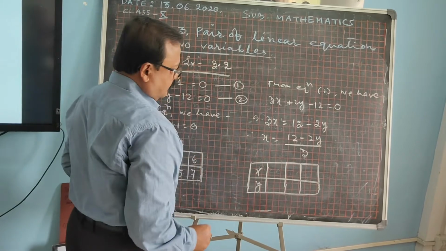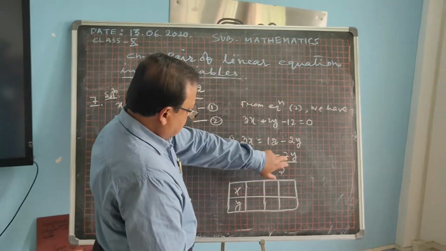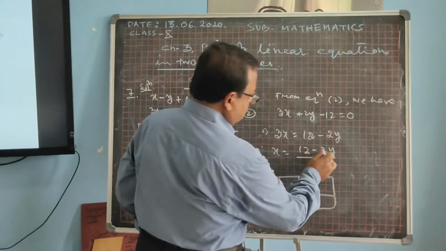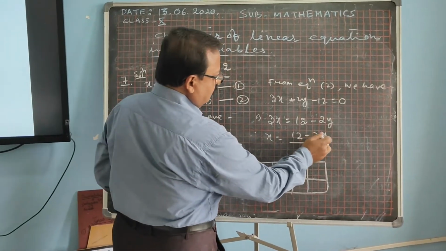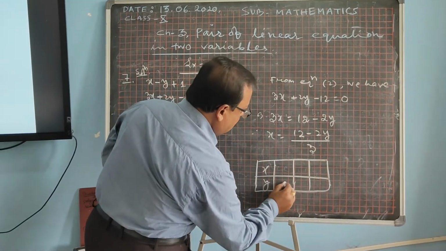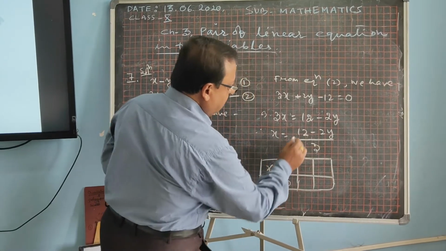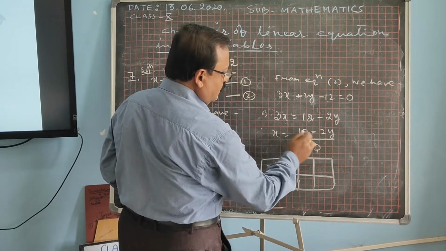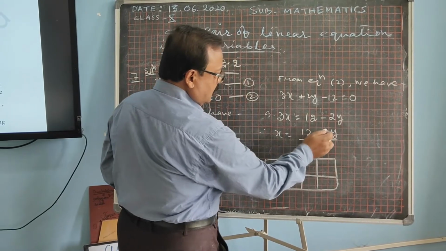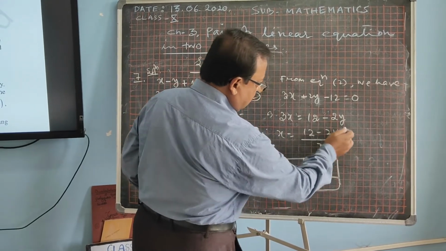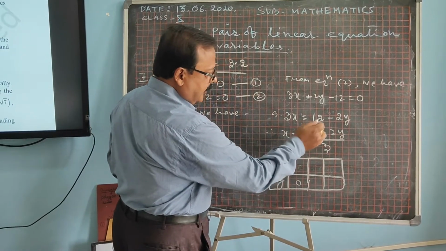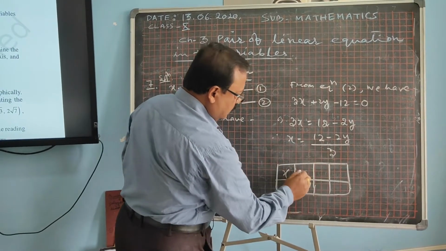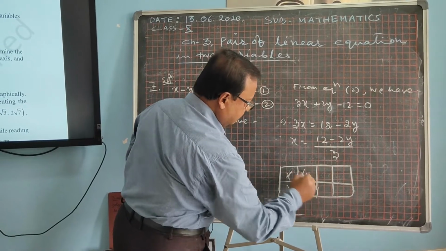First you can take any point. Suppose you take y equal to 0, then 2 into 0 is 0. Then x is how much? 12 minus 0, divided by 3, it will come 4.